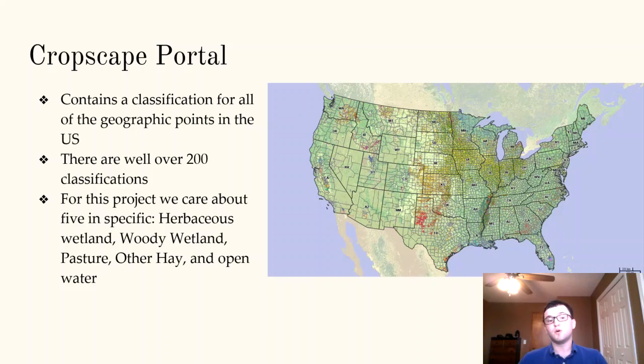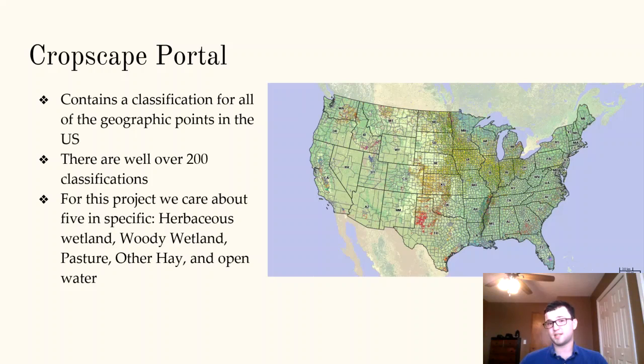There are well over 200 classifications for all of these points in the U.S. So we really focused on 5 of these classifications: the herbaceous wetland, woody wetland, pasture, other hay, and open water. Other hay is a catch-all and sometimes goes awry.